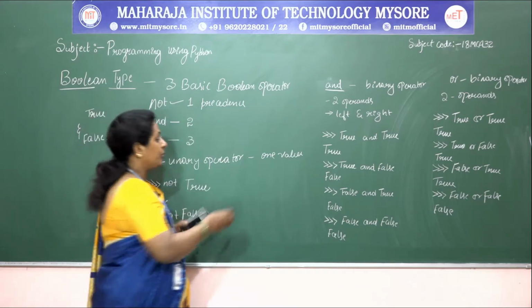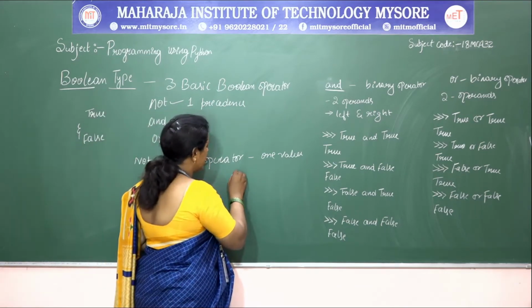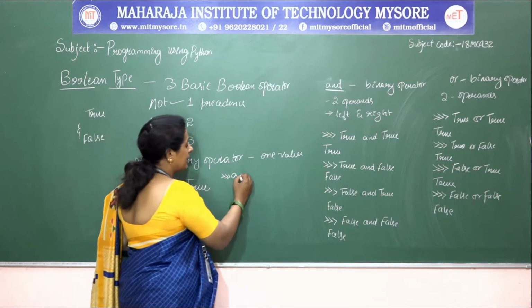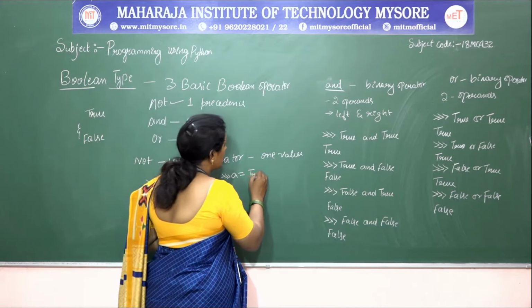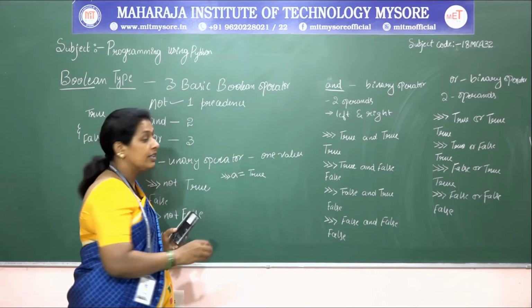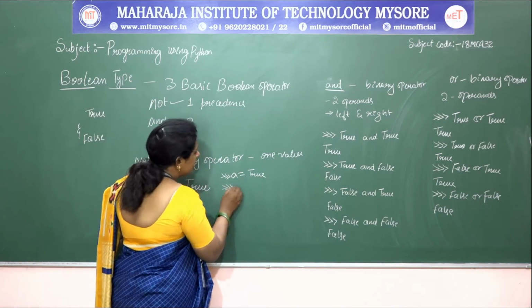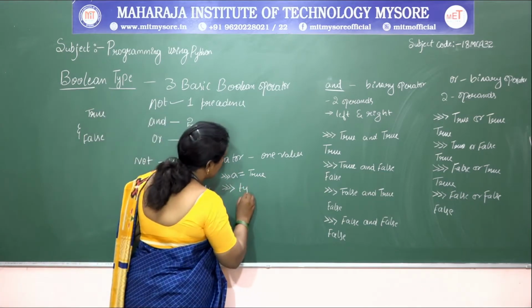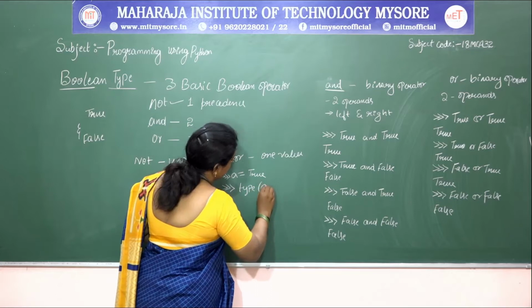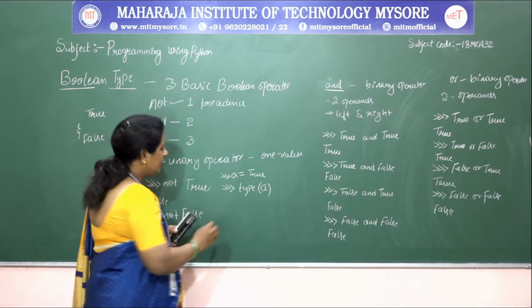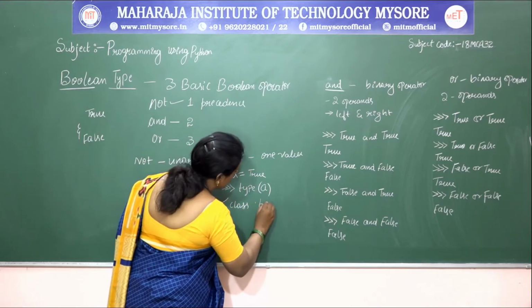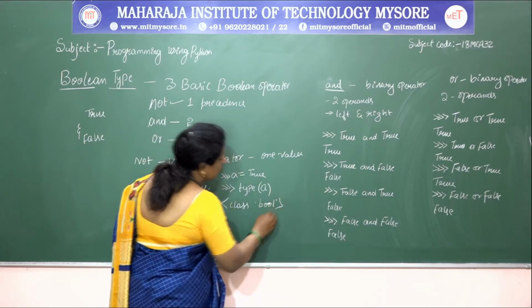Let's go with one more example with respect to a variable. Here I am assigning a variable A the value true. Then I check the data type of variable A: type of A gives the output class bool.